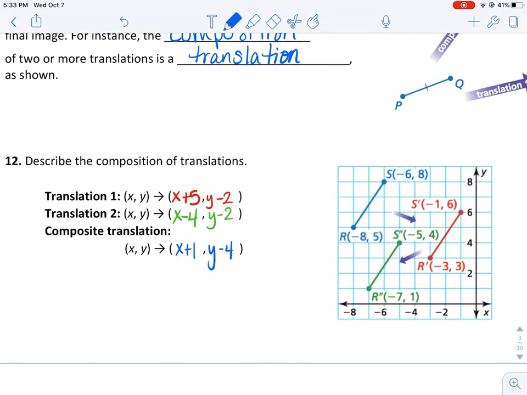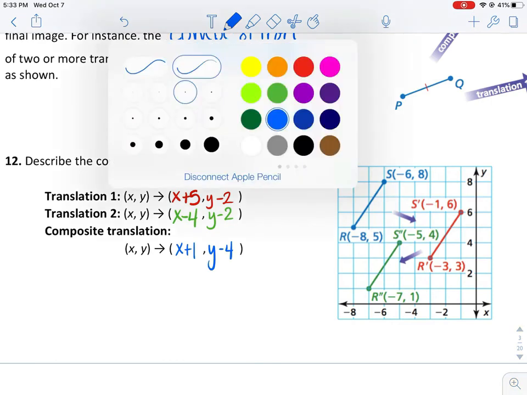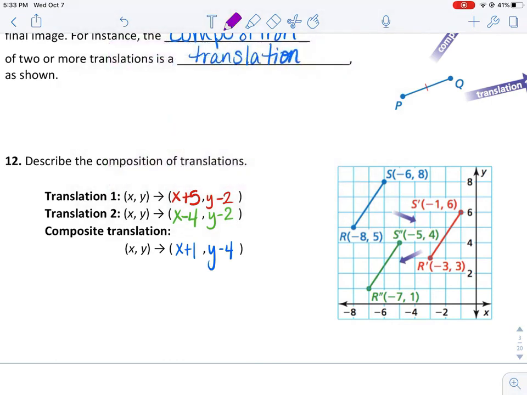If bunny hops are the easiest way, stick with that method. Graph those things, count. Super easy. If you're more algebra brained, you might see here that we can add these two together to get the result. What's 5 minus 4? It gave us +1.